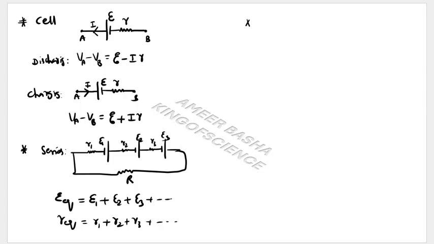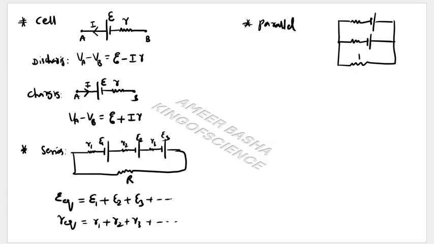Similarly, the parallel combination of cells. There is a cell 1, there is a cell 2, connected to a load resistance R. So R1 E1, R2 E2.